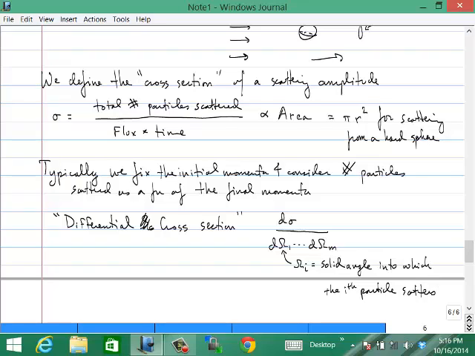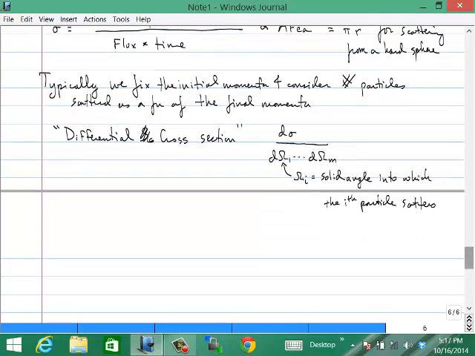So here, omega would denote the two angles theta and phi on the two-sphere out at infinity into which one of these particles will scatter.